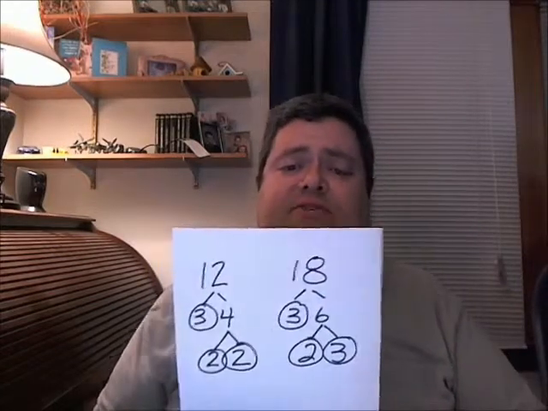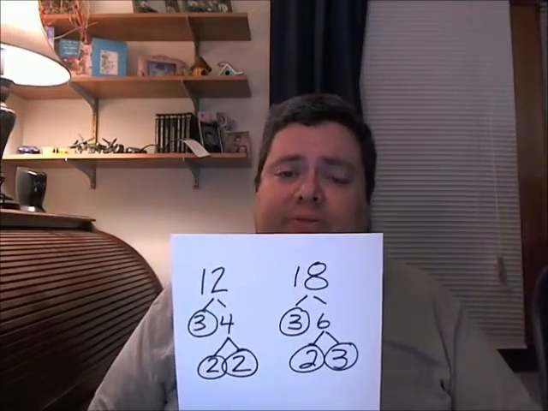Our next step is to rewrite these as a multiplication problem. Please do that right now while I do mine. So for my 12, I have 2's and 3's, and I really like things in order, so I'm not going to just throw my numbers down in any old order. I usually start with the smallest numbers and work my way to the larger numbers. So instead of saying 2 times 3 times 2, I'm going to write 2 times 2 times 3.